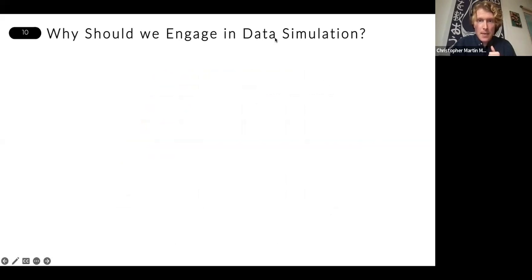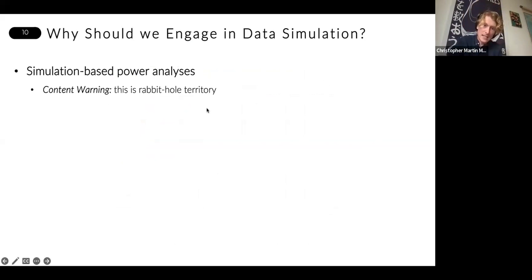Great. And then you might ask, well, why should we engage in data simulation? Why do we want to use this approach when we can use something like G*Power? And for simulation-based power analyses, I would start with a content warning.